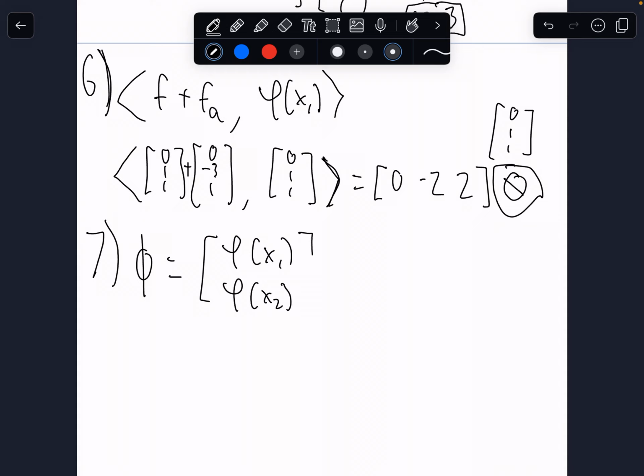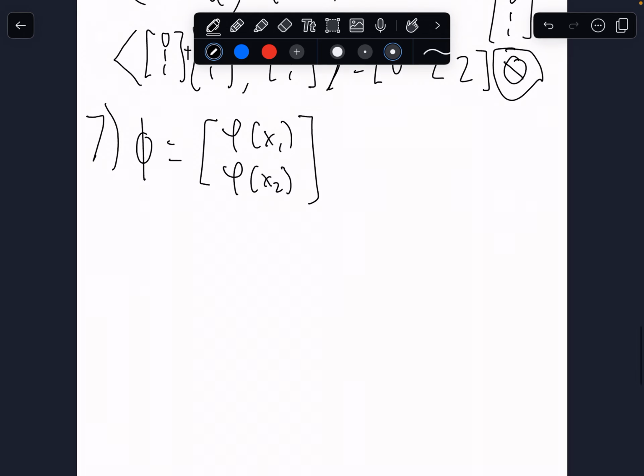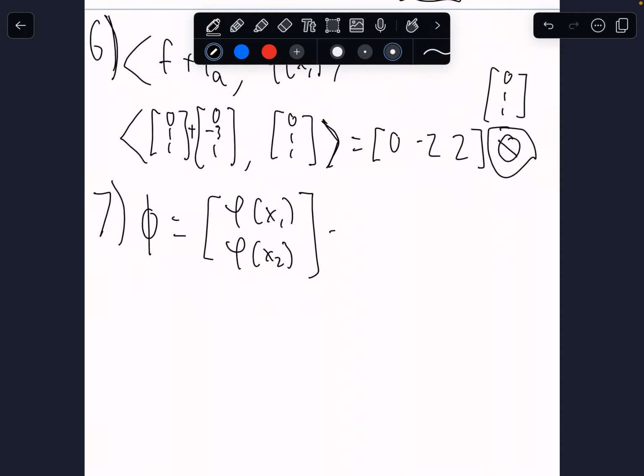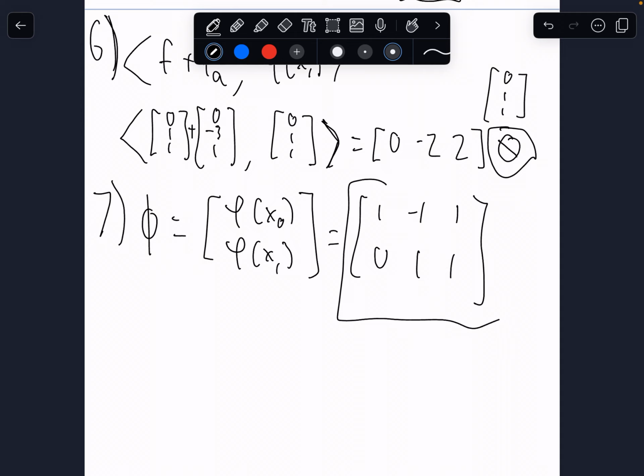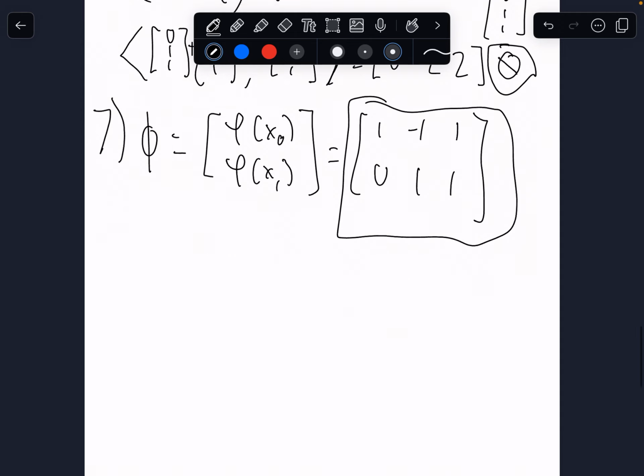You can remember it as just the little phi's all make up the rows of the big phi. So we can just plug that in, and we get 1, negative 1, 1. Actually, x1 and x2 are the wrong numbers. It's x0 and x1. And these are the only two samples, as he stated, so this is going to be the entirety of phi.